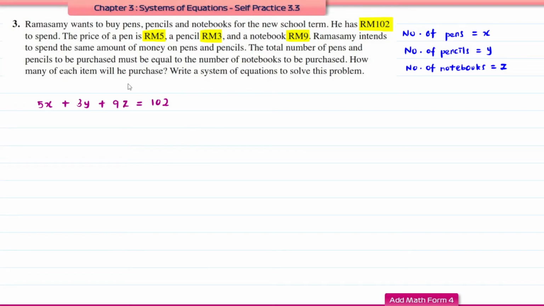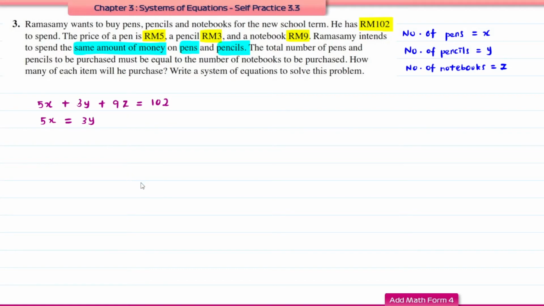The second equation we can form based on this sentence. Ramasamy intends to spend the same amount of money on pens and pencils. So the amount of money on pens will be x multiplied by 5. So 5x is equal to the money on pencils, which is 3y.